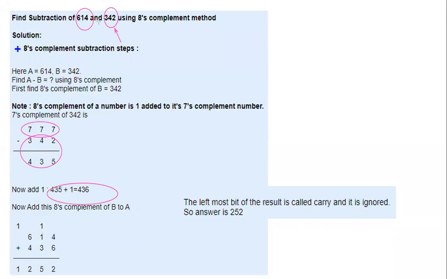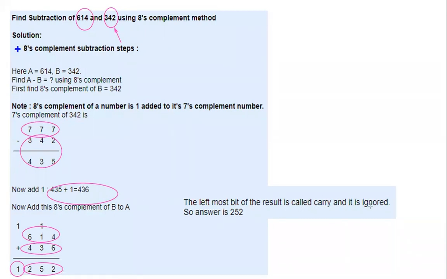Then what you have to do? We have to add A plus the 8's complement of B. Are we getting a carry? Yes. If we get a carry, you have to ignore it, and the solution will be a positive number.